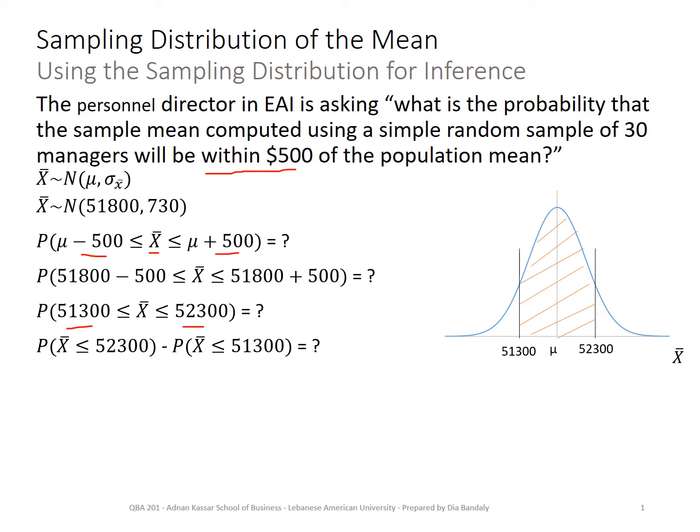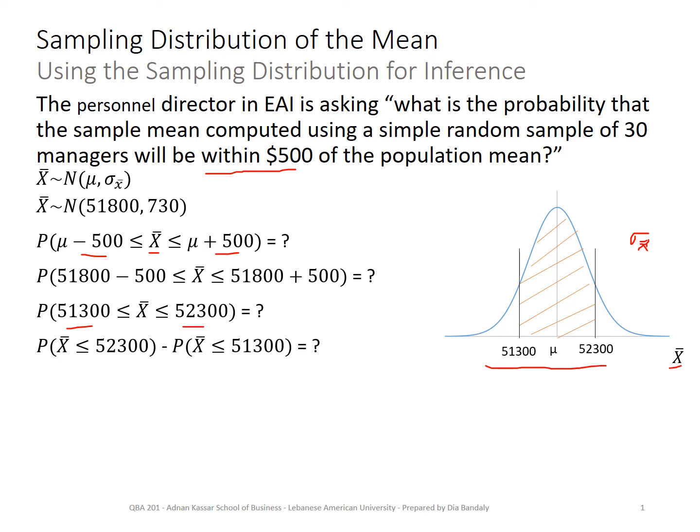So what do you think is the next step? Remember, we standardize. So I'm going to subtract the mu and divide by the standard deviation. But remember, the standard deviation is the standard deviation of this distribution, the one that has a standard deviation of sigma of X bar, because this is the distribution of X bar.